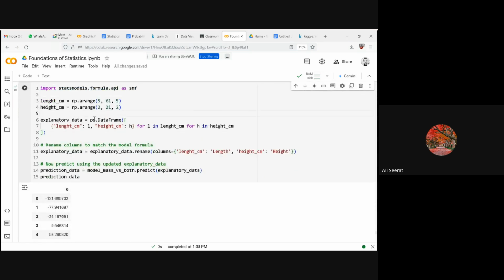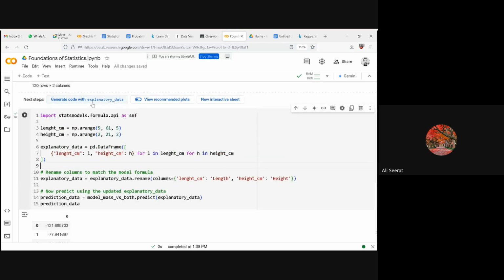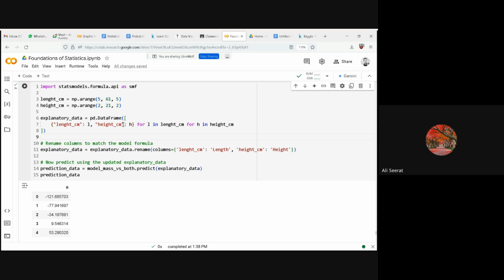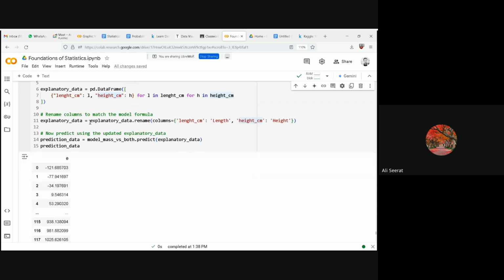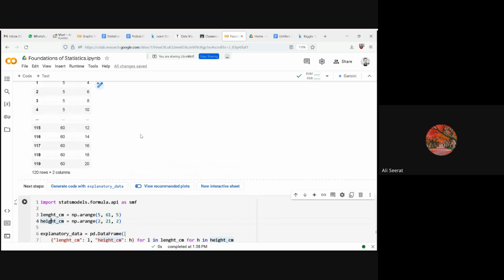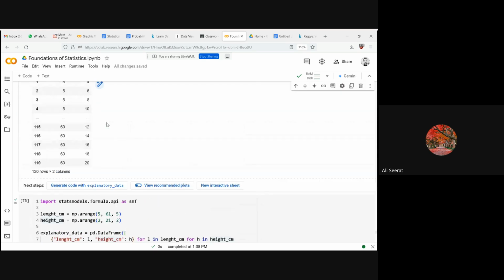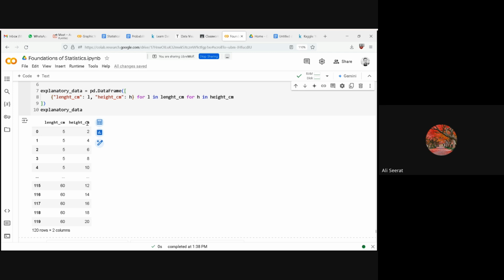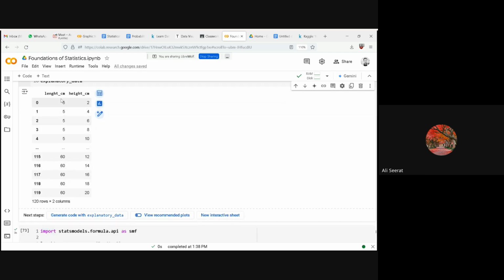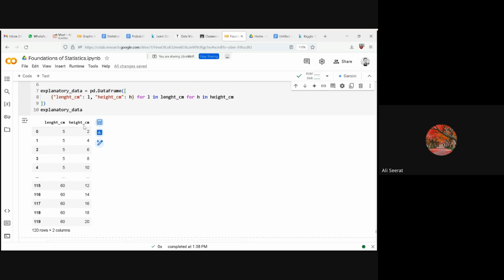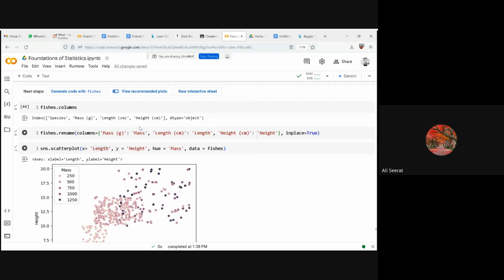Whenever you generate something new, these names, the length and the height, should be 100% the same as the main original data set. Otherwise, we have developed a data set with length centimeter and height centimeter, while the original data set has only Length with a capital L and Height with a capital H, which we changed here. I forgot that we changed the column names here. See, we just put the length and height, these ones.